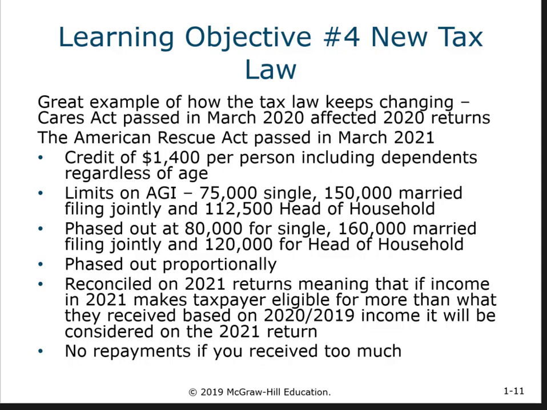And you may get more, but not less. You don't have to pay it back if you got too much. So if your income was lower in 2020 or 2019 and it's higher now in 2021 such that you're over the threshold and you shouldn't have gotten any credit, you don't have to write the government a check.